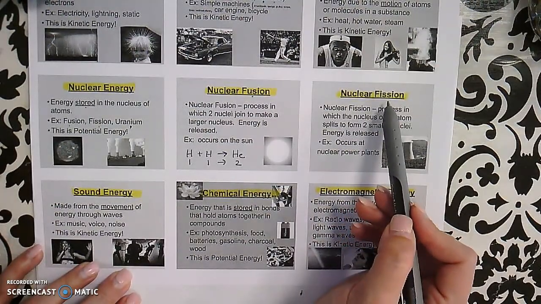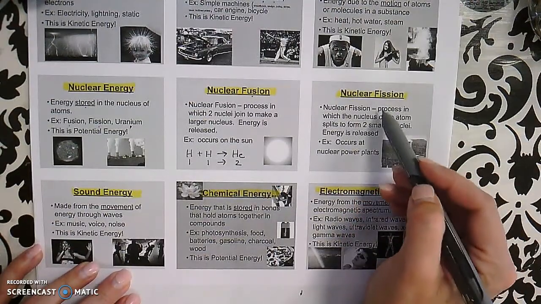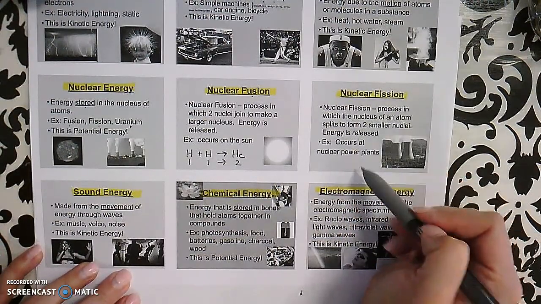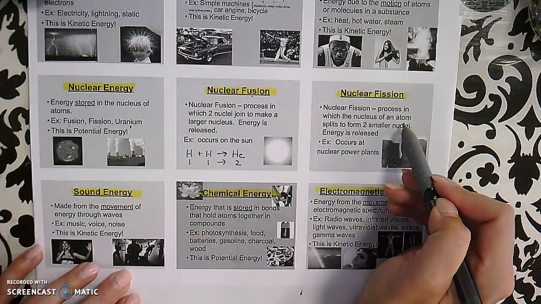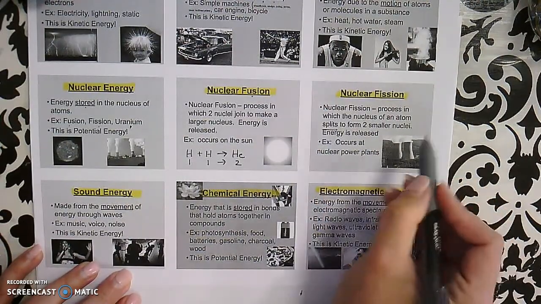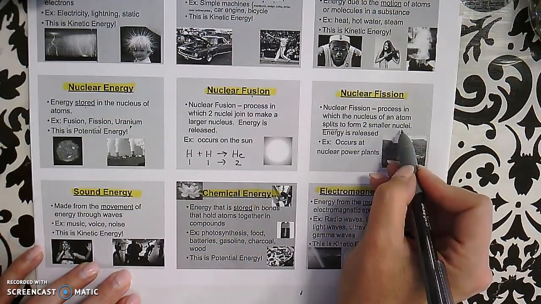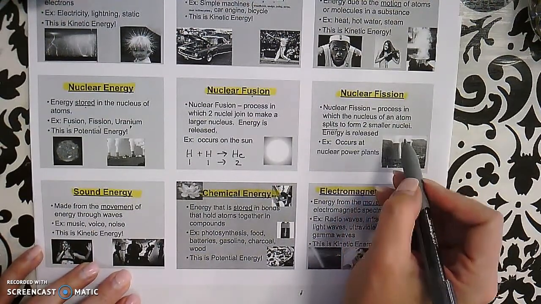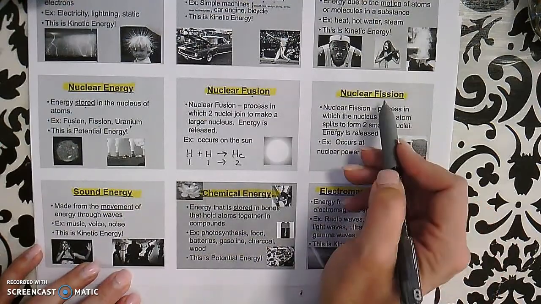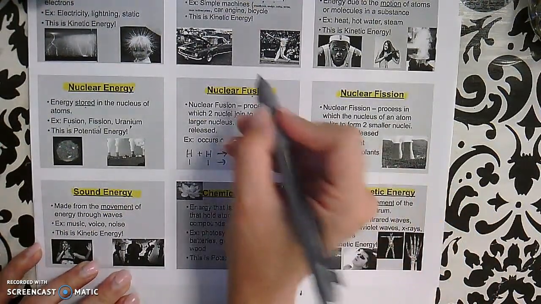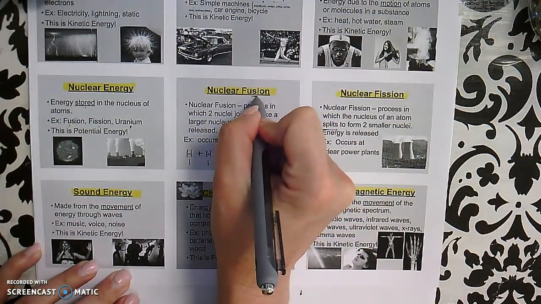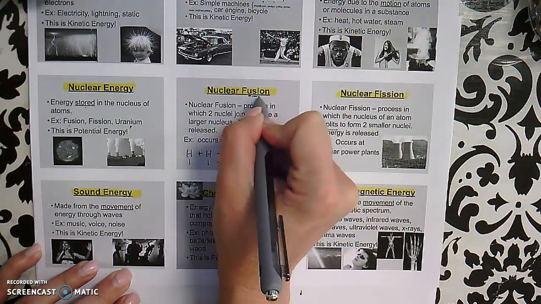Nuclear fission takes place in a nuclear power plant, and that's the process in which the nucleus of an atom splits, so it breaks apart to form two smaller nuclei, and energy is released. The way that we can tell the difference between fission and fusion is fusion takes place on the S-U-N.